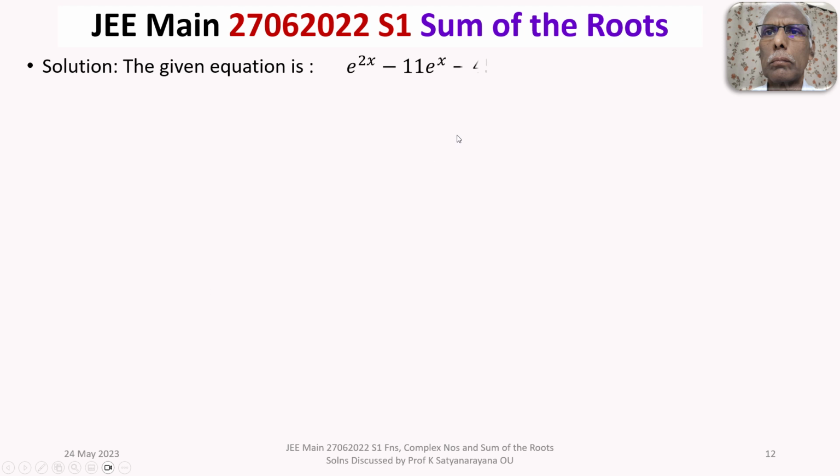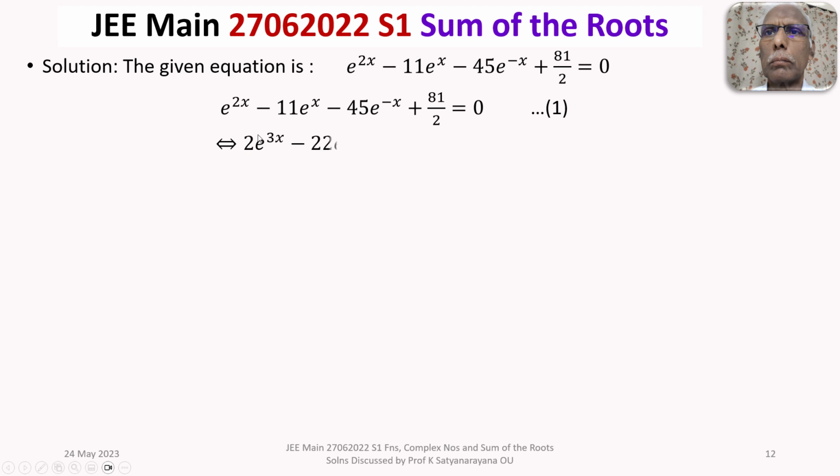We now discuss the solution of the problem in detail. The given exponential equation is this one, and we call it equation 1. This is equivalent to the following. For e to the power of minus x, we write 1 by e power x and take the LCM.